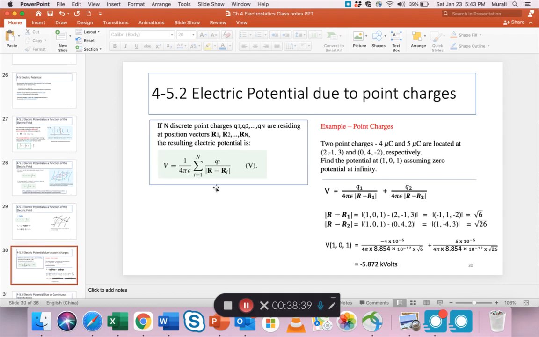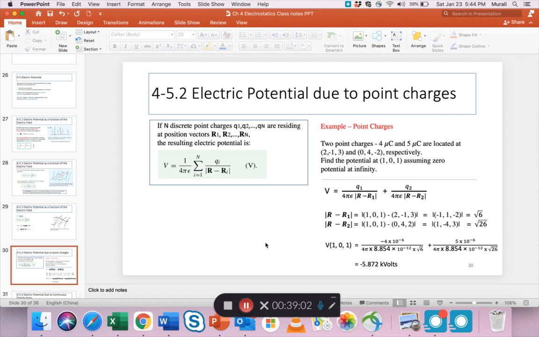Okay, so here is an example of where we have point charges. So we have some simple small charges, minus 4 microcoulombs and 5 microcoulombs, located at these 2 points. Find the potential at a third point, assuming 0 potential at infinity.